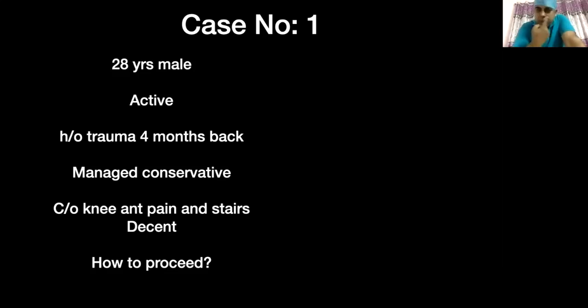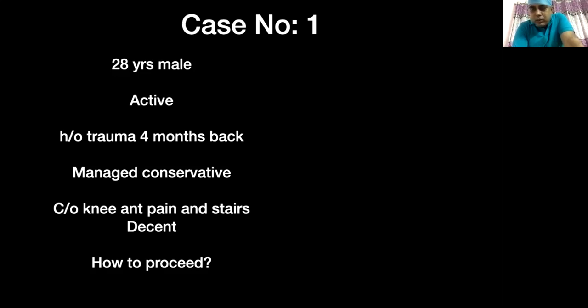Vivek, before you go to the case, I just want to add one highlight: the isolated acute mid-substance tear always goes for non-operative treatment, but non-operative treatment doesn't mean there is no treatment. And the braces you have shown are very, very costly, number one. Number two, even if a patient buys one from anywhere, our physiotherapist doesn't know how to apply it.